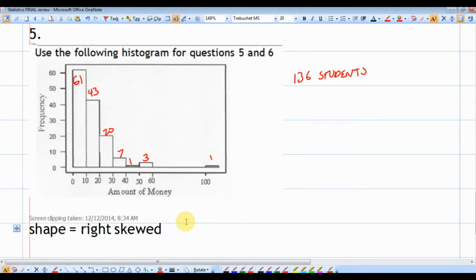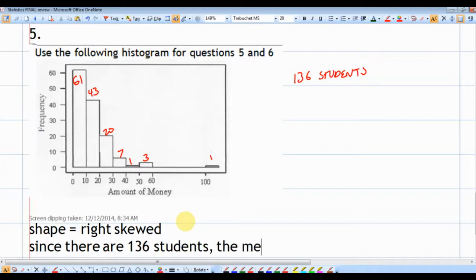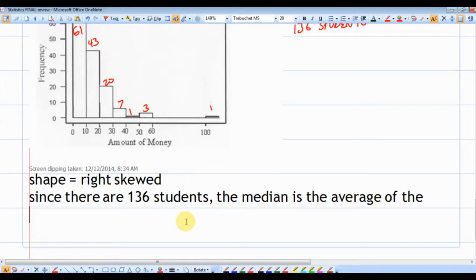Well, the median, since there are 136 students, is the average of the, let's see, 136 divided by 2, 68th and 69th student.